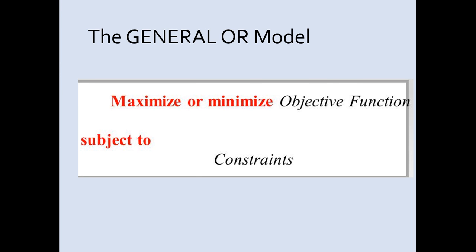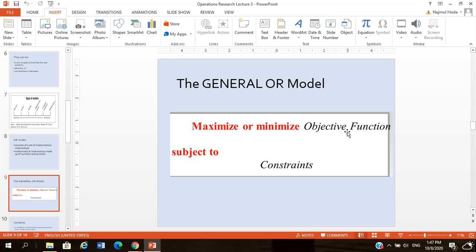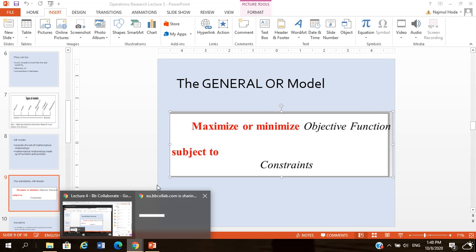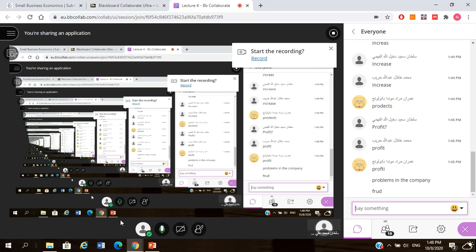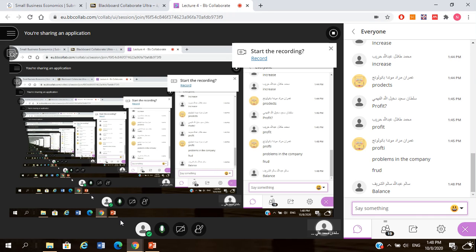Can anybody in the class give me that word? Do you have any guess? This is a general word, everybody knows it. You must have heard this word. What is that word which includes both? Either it is maximization or it is minimization, it can be applied to both. Who will tell? Any guess? Balance. You are close.